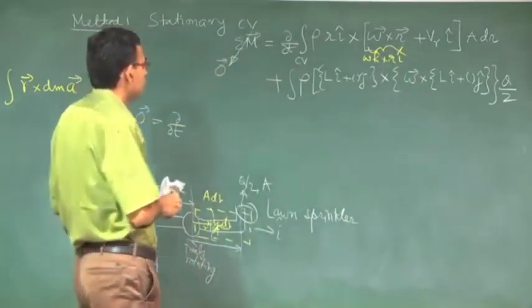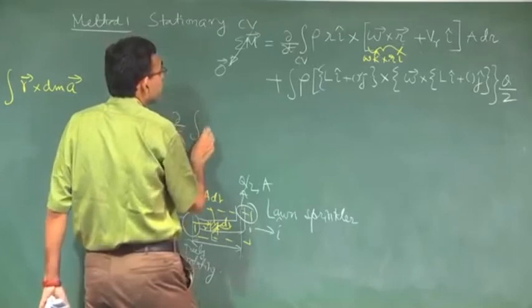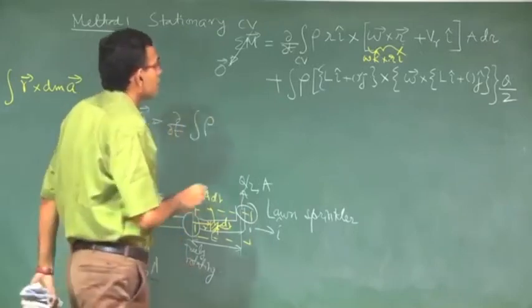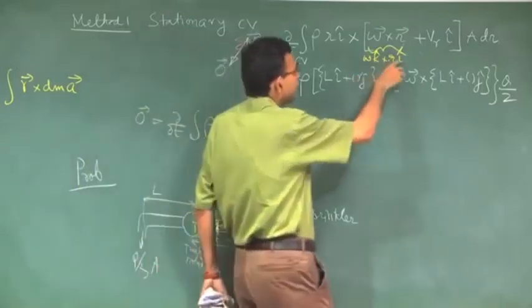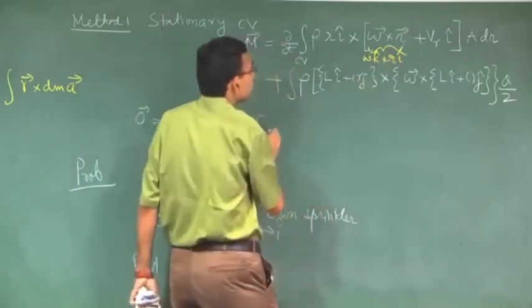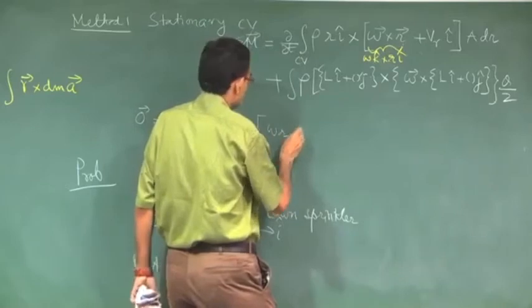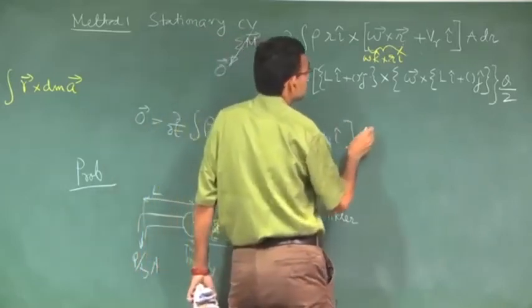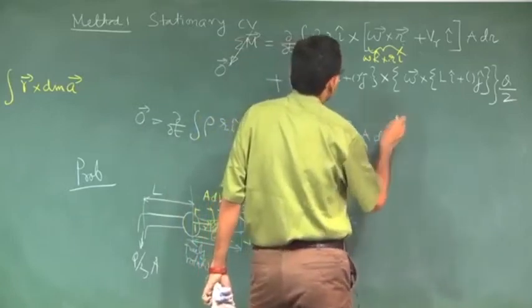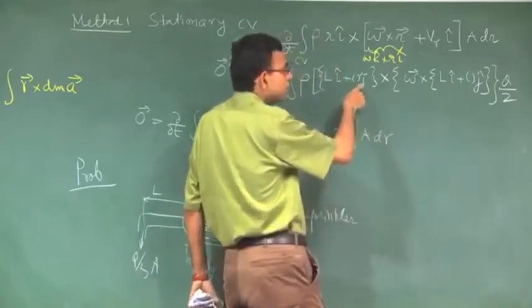So integral of rho Ri cross k cross I is j, here the j components we can neglect.